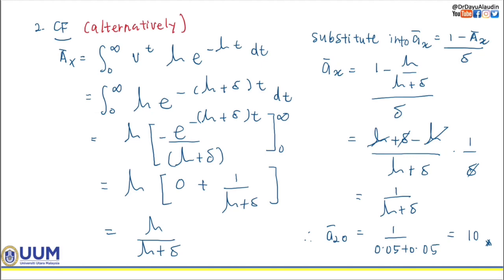Therefore, when we want to find the annuities, we still get the same answer as the first method, and this method is much easier.